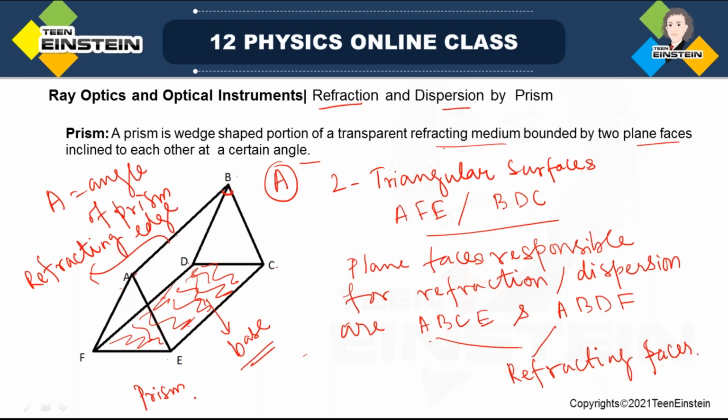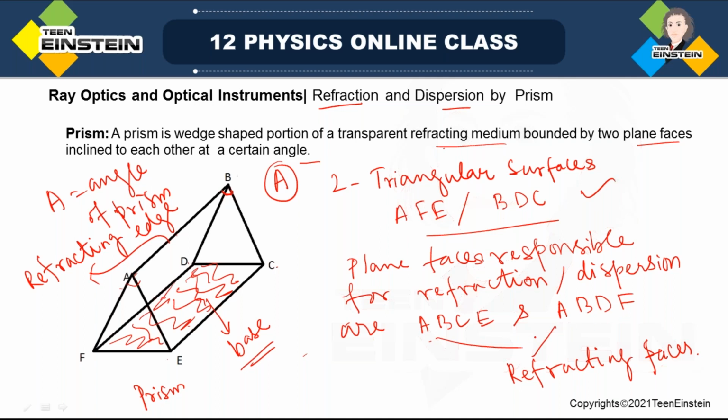Okay, refracting edge. So what are the things we have learned here? There are two triangular faces and three rectangular plane faces. Among them, two rectangular planes are opposite to each other, and they are inclined at an angle. That angle is called the angle of prism.